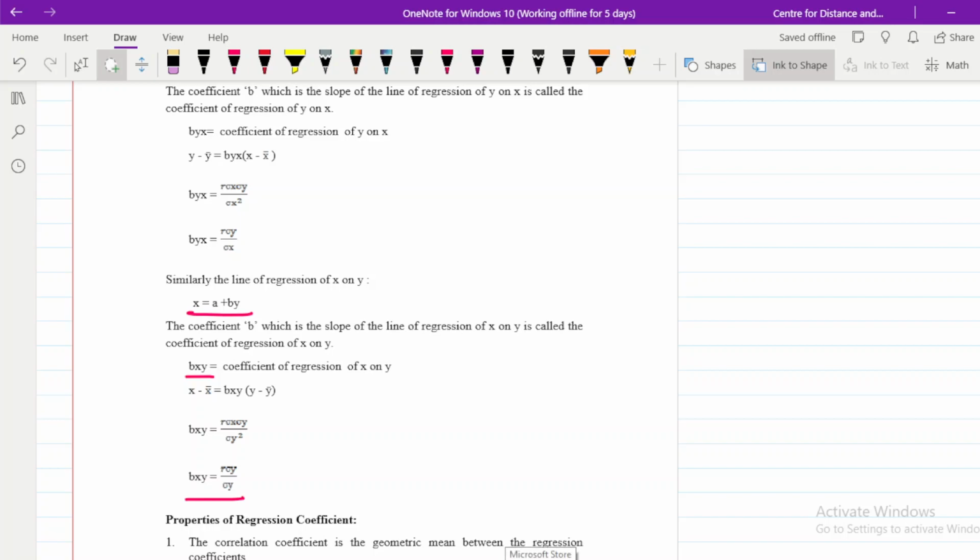Here again there is a printing mistake. We know the formula for bxy is equal to r sigma x divided by sigma y. Okay.